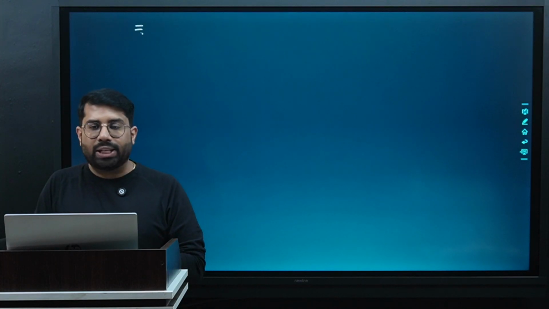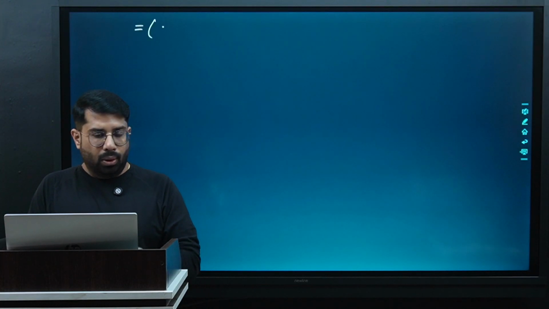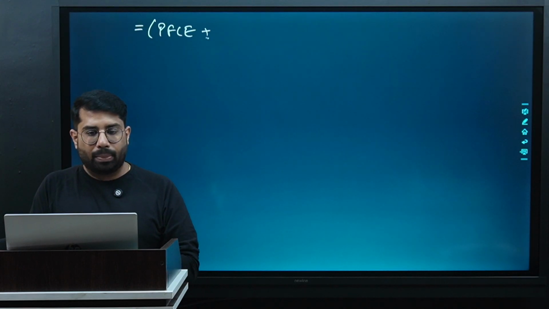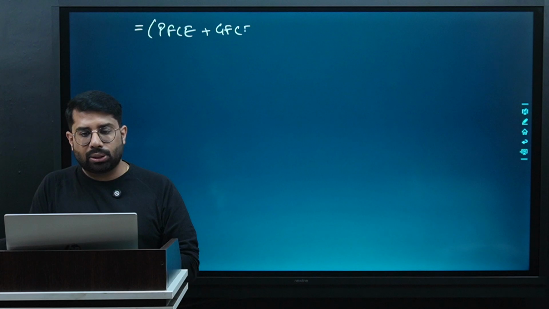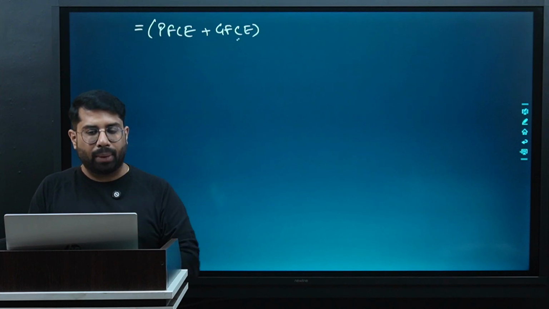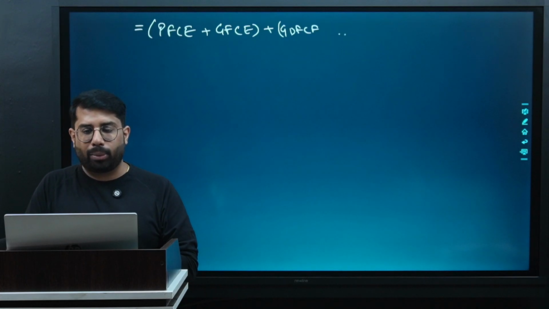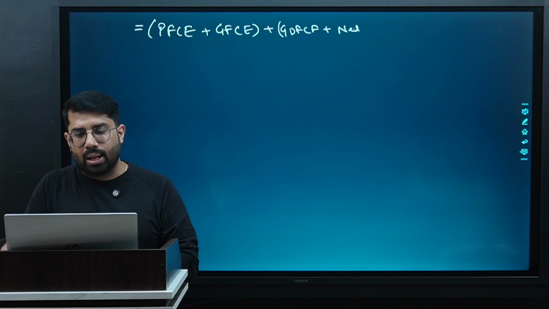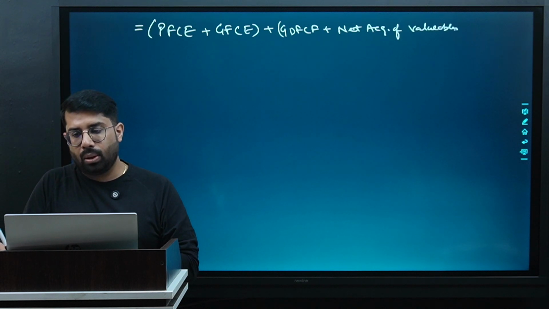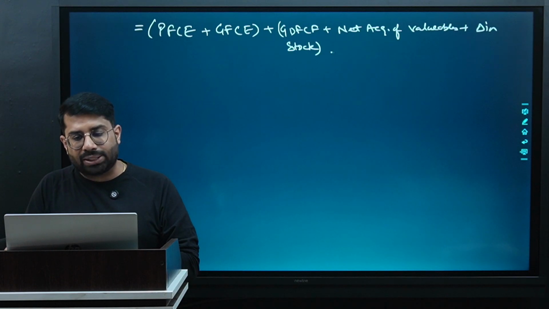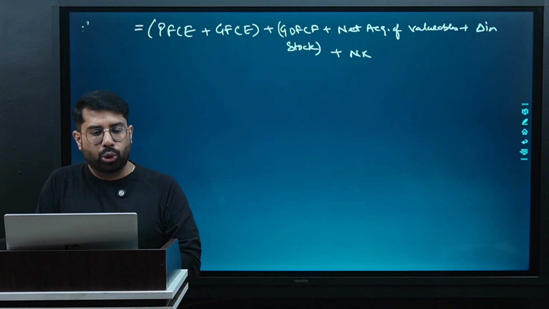But when you add all these expenditures, that is private final consumption expenditure plus government final consumption expenditure, plus gross domestic fixed capital formation, plus net acquisition of valuables, plus change in stock, plus net export, it will be equal to GDP at MP.